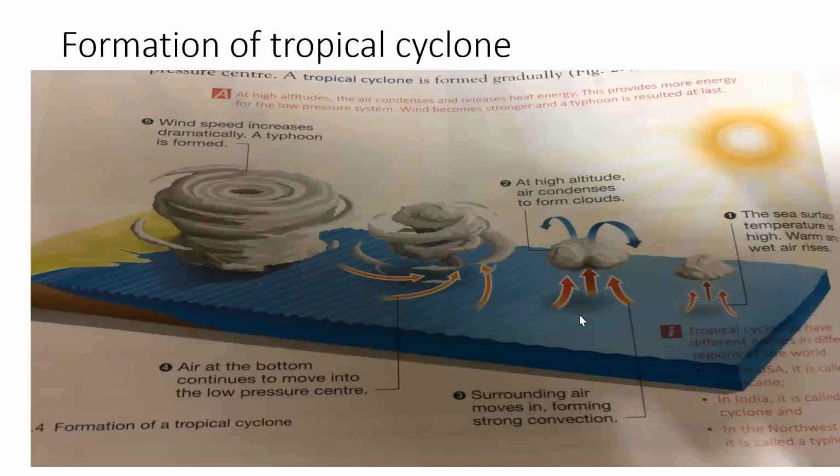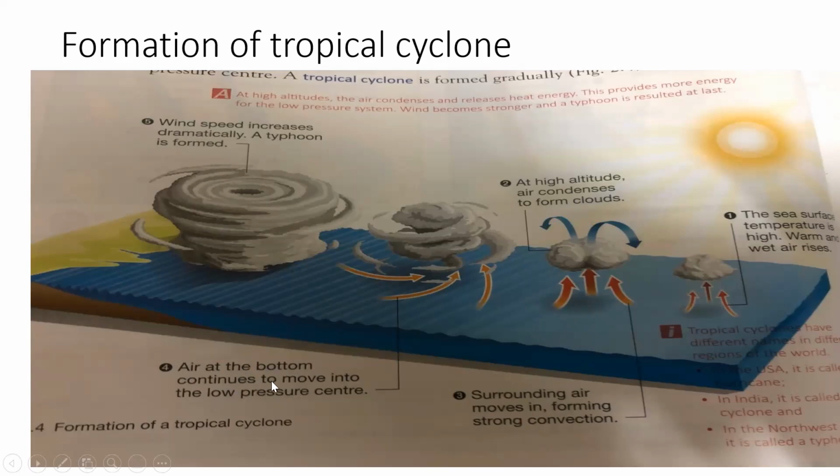Okay, and then since here is the low pressure center, surrounding air moves in, forming strong convection. Now convection 即係話你啲氣流上升, the air rises. And then at the top, it cools down and drops. So it's convection. It's like a circle, okay? Goes up, goes down, goes up, goes down. So it's convection, okay?